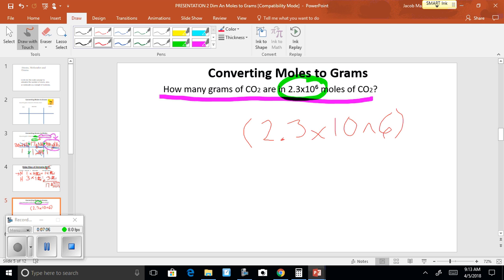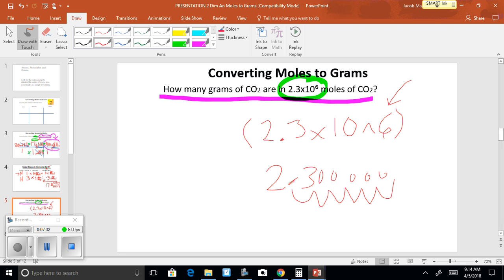You can actually write this number out in standard form. So if you remember how to do that, put your 2.3, okay? And I'm going to move my decimal 6 places. Since it's a positive exponent, I'm going to move it 6 places to the right. So 1, 2, 3, 4, 5, 6. I fill in my zeros here.